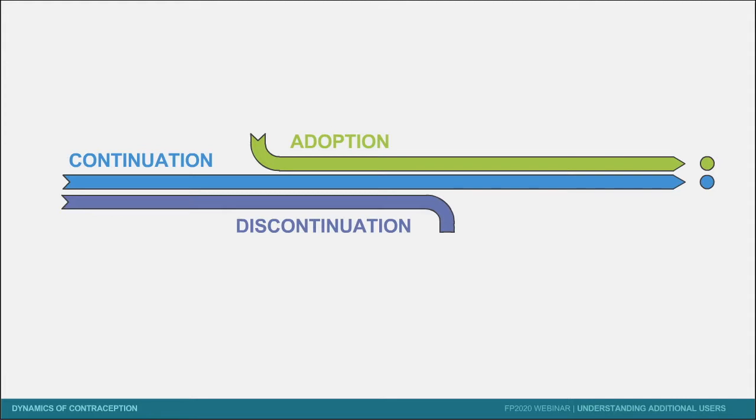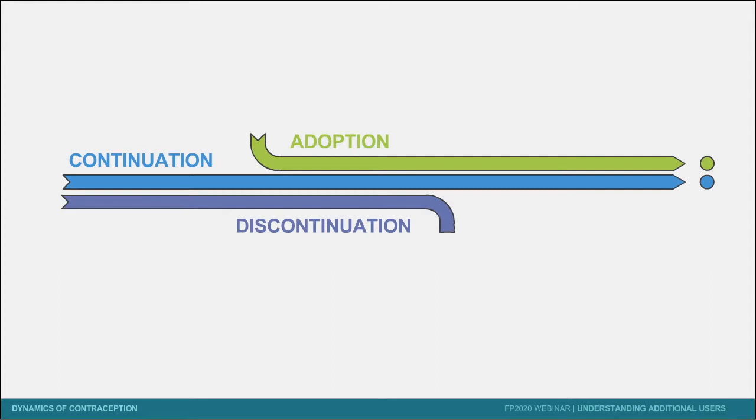If we were only to pay attention to what's happening with women indicated by the green line, so observing and counting only those women who start using contraception, we'd miss other crucial pieces of information on what is happening with contraceptive dynamics on continuation and discontinuation.